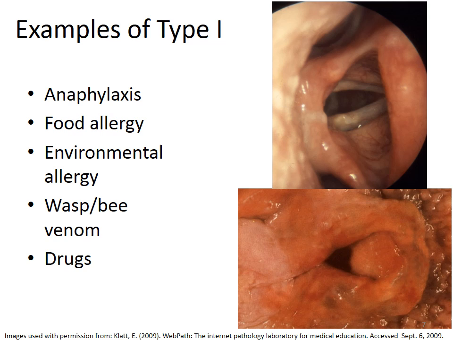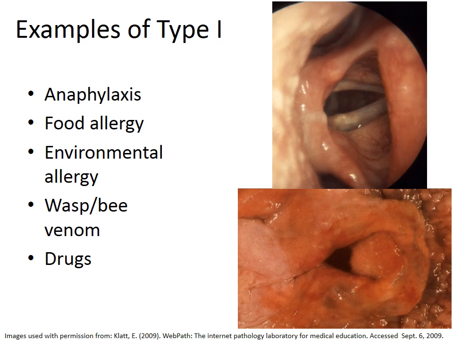drugs like penicillin allergies. So if you take a peek at these pictures, this upper image is illustrating a normal larynx. Okay, this is looking down the back of the throat, and you are appreciating a normal laryngeal opening. Now, the lower image is an example of an anaphylactic reaction to penicillin.